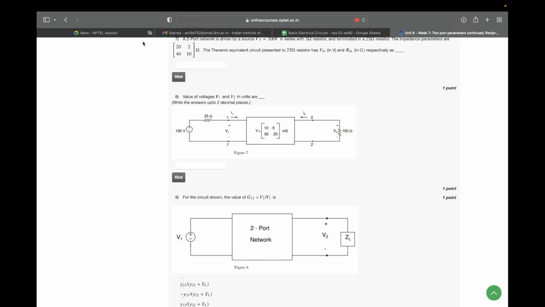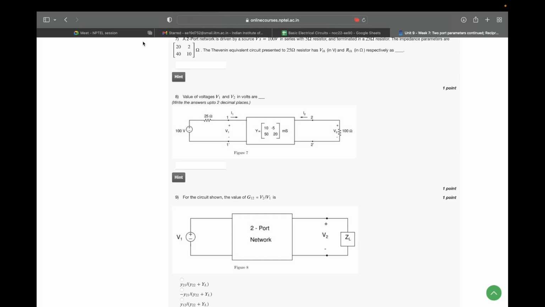So we can open circuit the first node and put I1 equal to 0. From there we get V1 by I2 as Z12 and V2 by I2 as Z22. Similarly, if we open circuit the other node, we get V1 by I1 as Z11 and V2 by I1 as Z21.